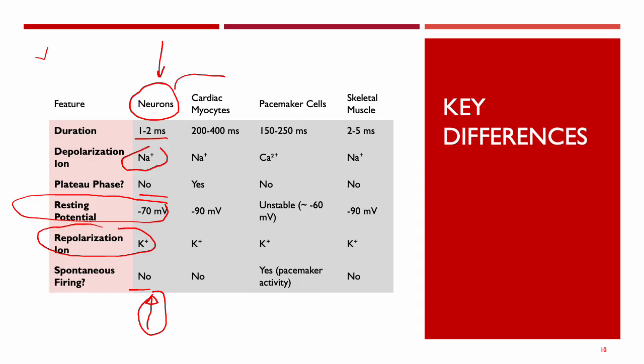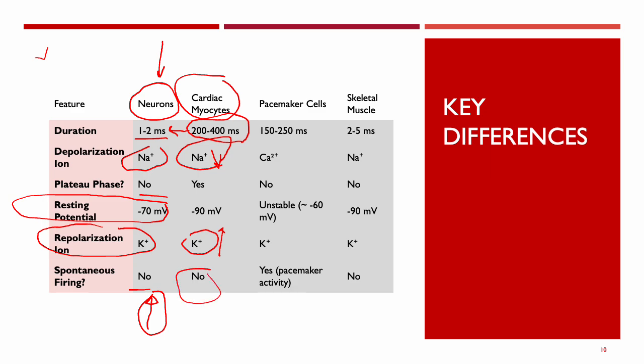Now, what about cardiac myocytes or cardiac muscle cells? These have a duration of 200 to 400 milliseconds, so it is much longer than neurons, right? Furthermore, some similarities: it has the same depolarizing ion and repolarizing ion, so it's going to be sodium influx and potassium efflux. Does it have spontaneous firing?